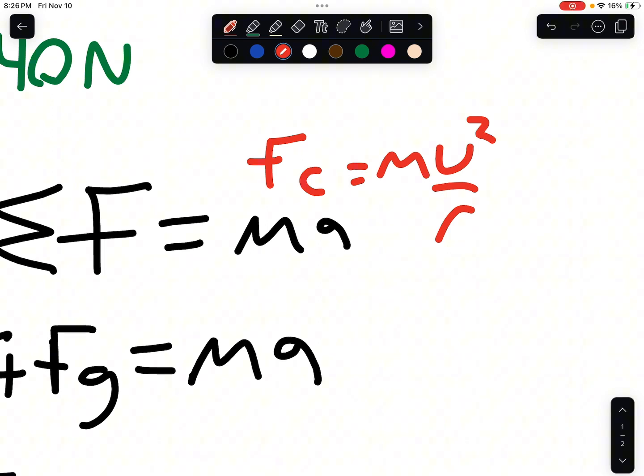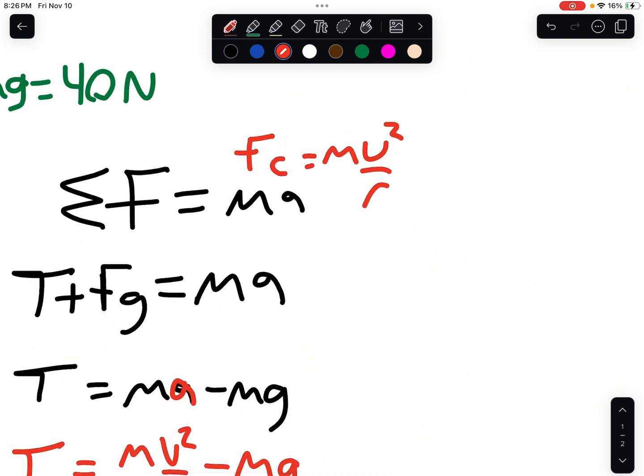Sorry, that is a big error. This is the centripetal force, okay? Very important distinction. Anyway, the centripetal force here is mv squared over r, which is also your ma.